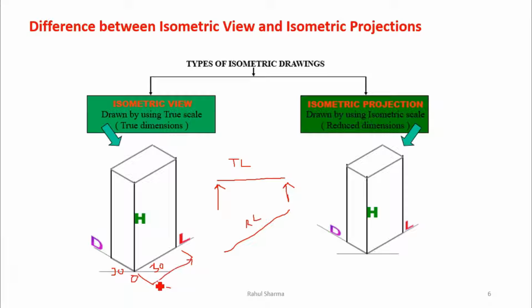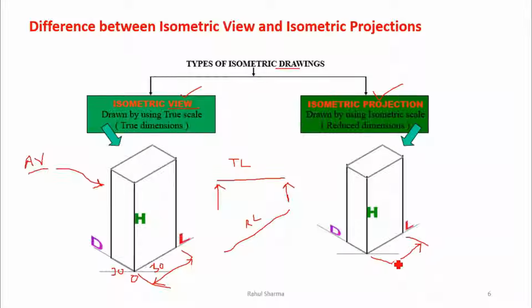So to make this topic clear, we have taken two types of isometric drawings. First is known as isometric view, second is known as isometric projection. In isometric view, we draw the diagram with the given values. Whatever the actual dimension is, we draw the diagram with the same dimension, and in dimensioning, we write the same dimension as given. But in isometric projection, we draw the diagram with the reduced dimension.